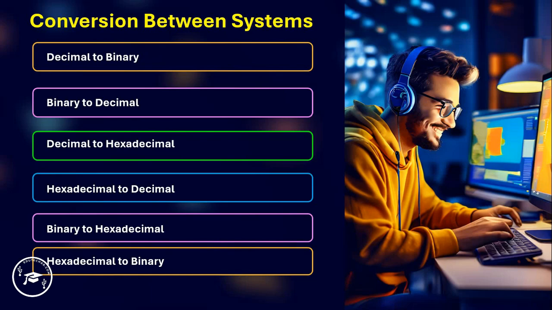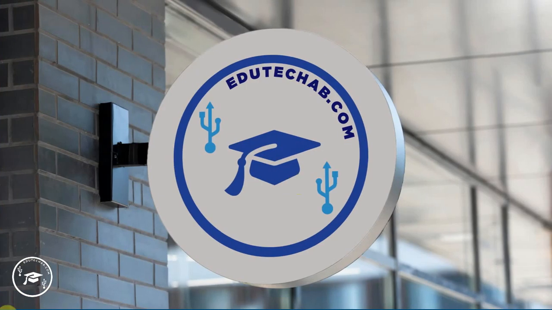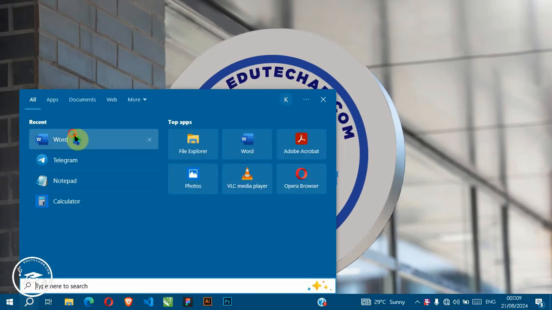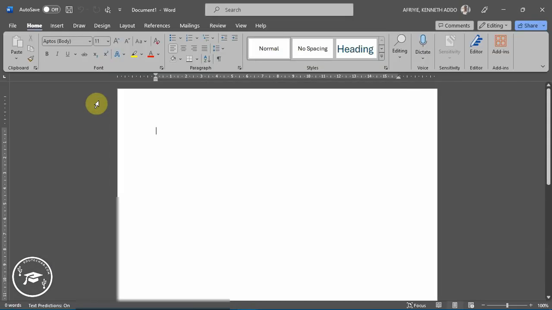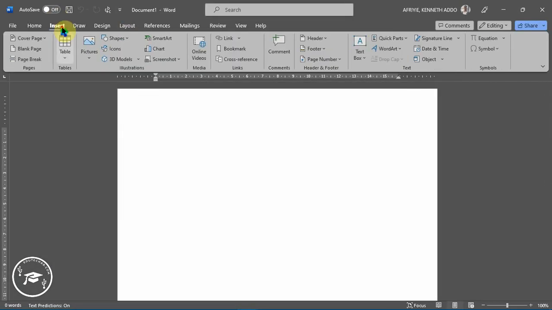Okay, so let's look at it using a Word document. We are going to use a simple table to show our demonstration. Before that, let's look at the numbers we want. Let's do 24 in base 10, then maybe 53 in base 10.